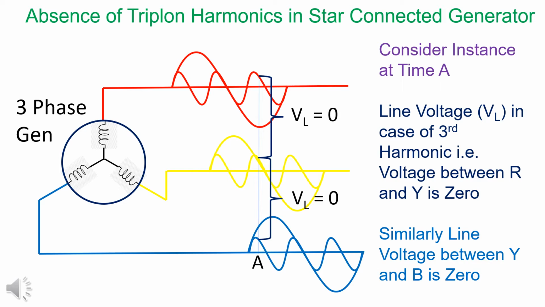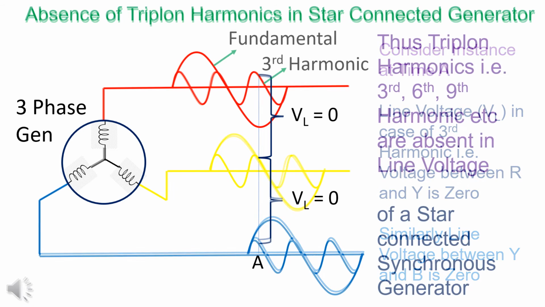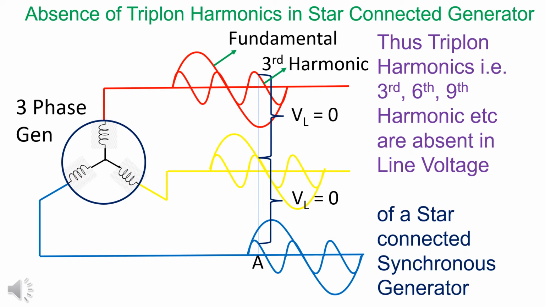Let us take an instance A. In case of the third harmonic, there is no voltage difference between R, Y and B phases. The Triplon Harmonics, that is third, sixth, ninth harmonics, are absent in the Star Connected Synchronous Generator.